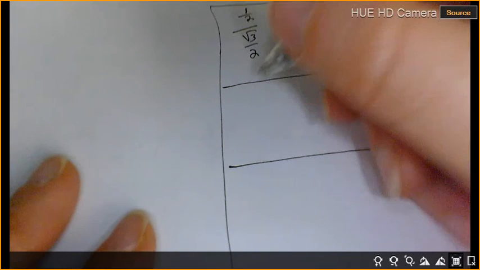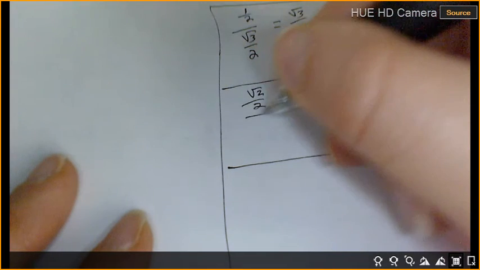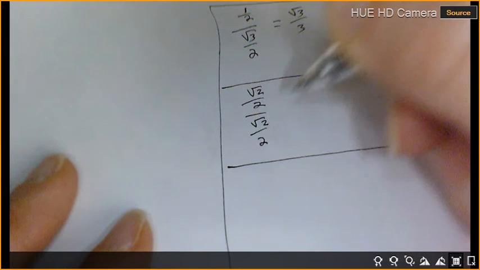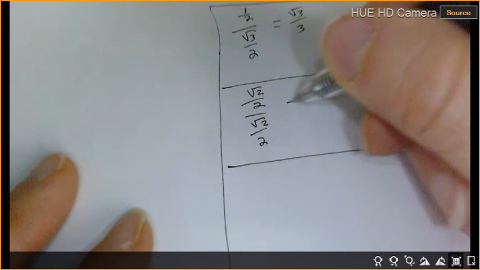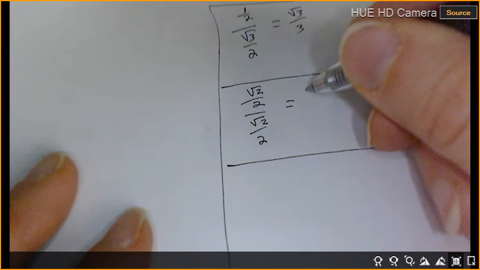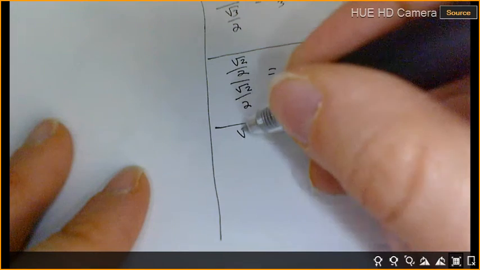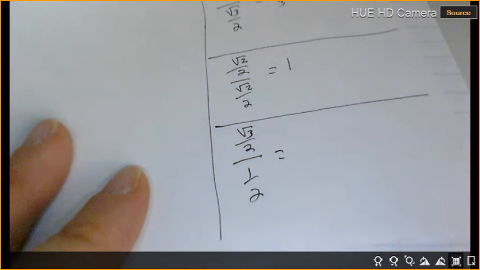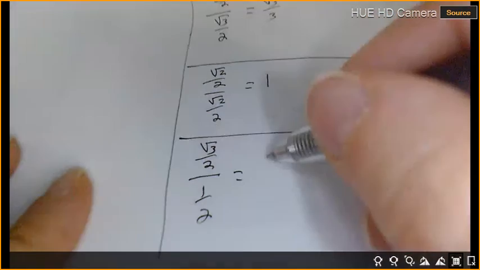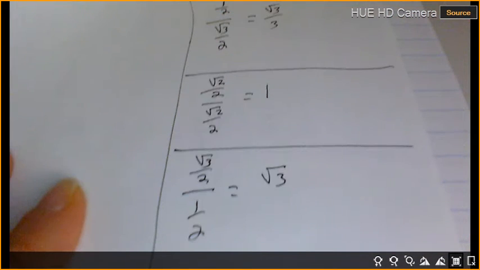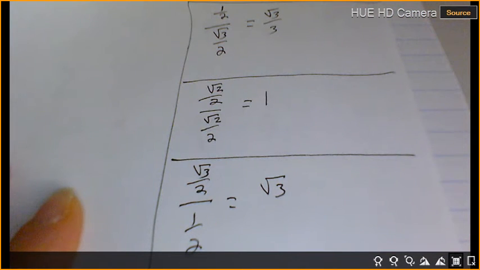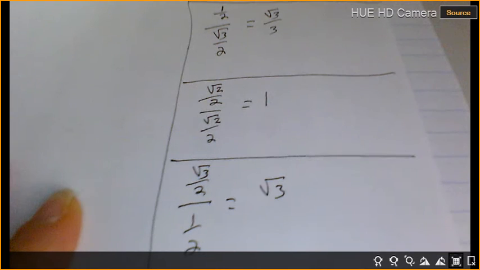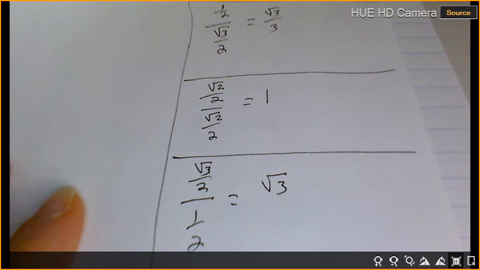If we get square root 2 over 2 divided by square root 2 over 2, we get what? And if we have square root 3 over 2 divided by 1/2, we get what? We get square root 3. What do you think? Can you guys follow that? If you see one of those fractions on your paper, can you just go look at this paper and write it down? Okay, that should make it pretty easy.